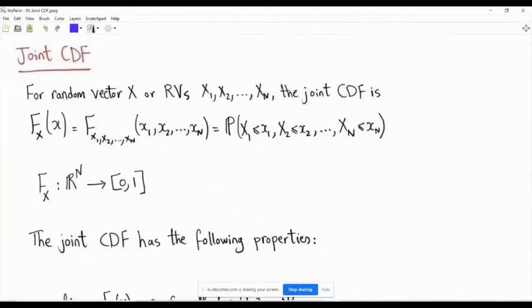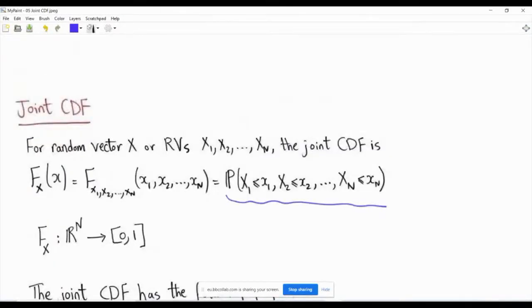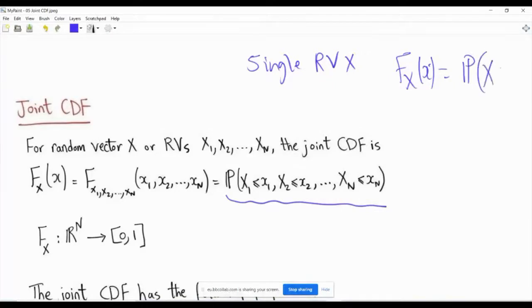A CDF is a function that is basically defined as a probability. For a single random variable, X, the CDF is the probability that the random variable is less than or equal to small x.